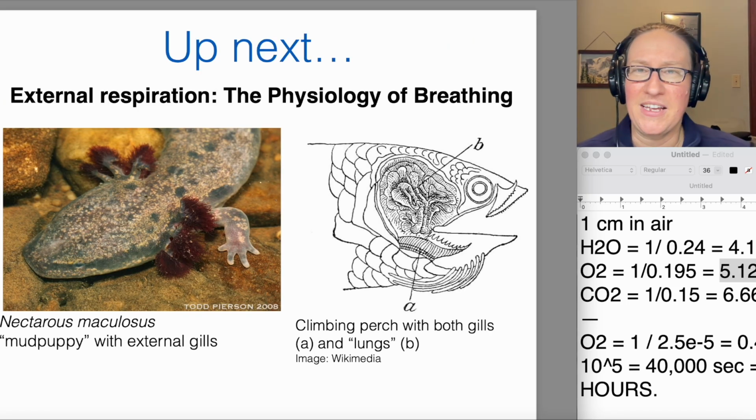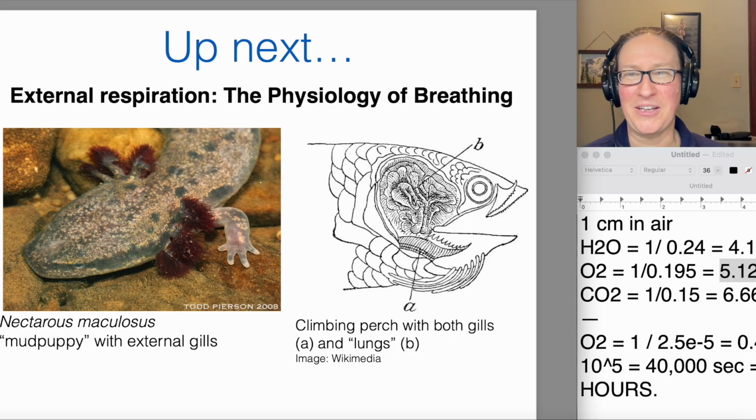So that brings us to the end of this topic, and just to give you a preview of what we'll pick up on Wednesday, we're going to go straight from these general principles that come from physics into an investigation of external respiration. So we're going to learn about the physiology of breathing. And here are pictures of two really fun organisms for thinking about the physiology of breathing.